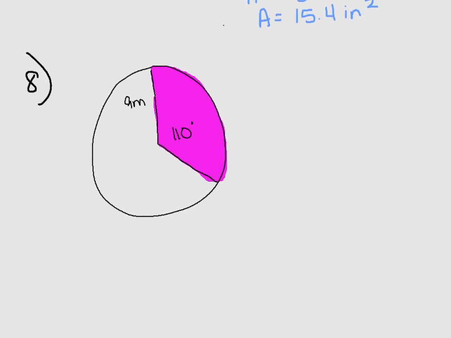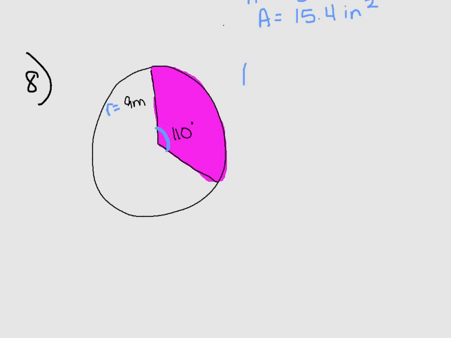Number 8. Area of the shaded sector. We see that the radius is 9 meters, and the central angle is 110 degrees. Let's write down the formula, plug it in, and then calculate.